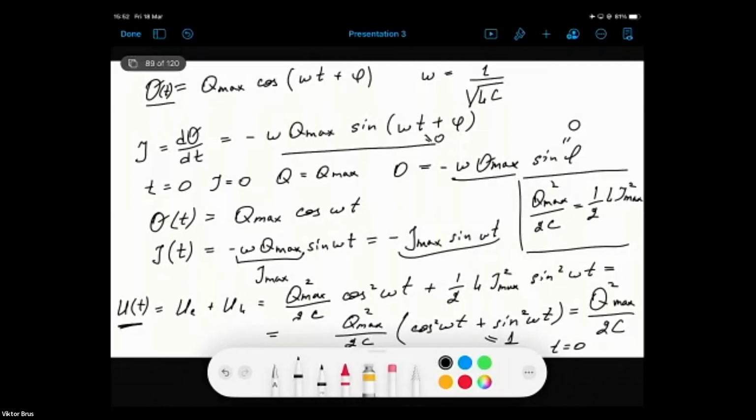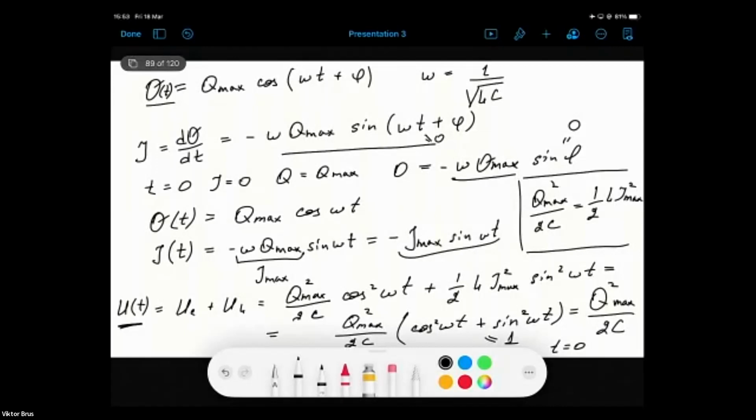That's an important topic because LC circuits are quite often used in electrical circuits for fine-tuning of different frequencies and in radio electronics in order to receive some signals and amplify them.